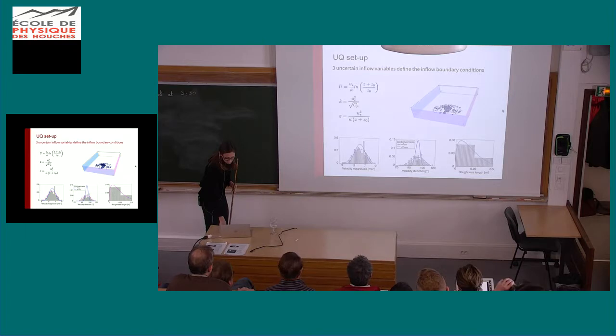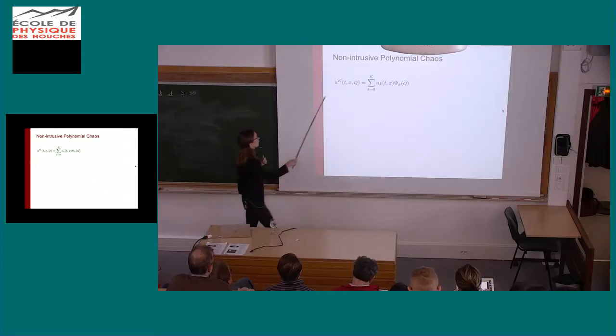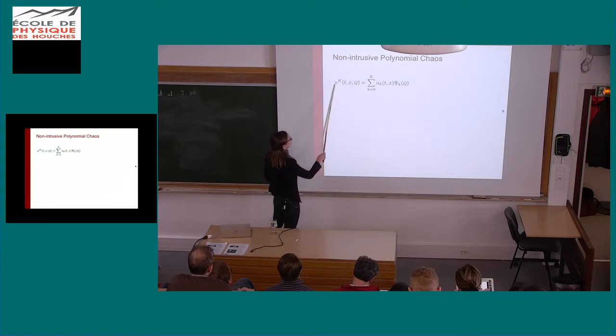So how do we do the propagation? We generally use non-intrusive polynomial chaos approaches. And they rely on the fact that you can write any quantity as a polynomial expansion, right? And what you do here, so this quantity, we don't have time, but it could be a function of time, space, and then random parameters q.